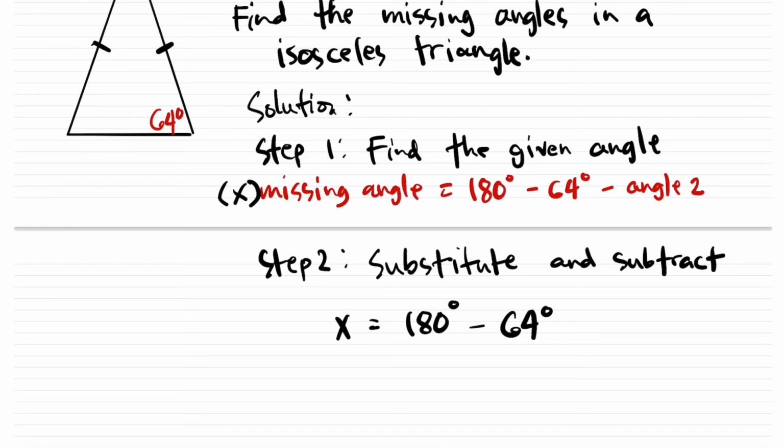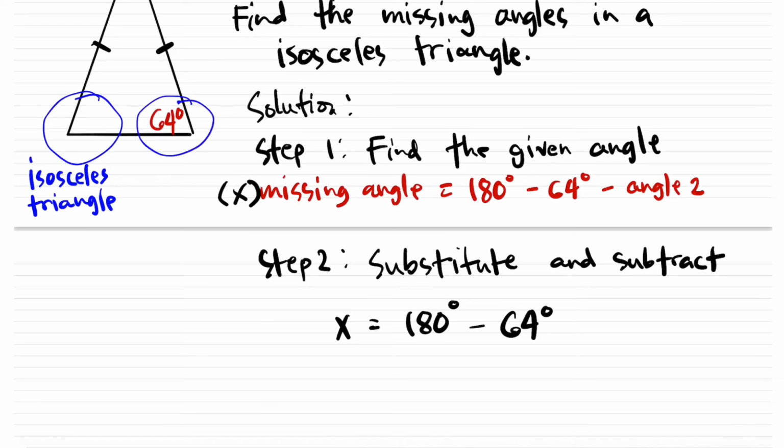Now this angle 2, alright, this angle 2 here. Now since this is an isosceles triangle, if this is 64, therefore this one here is also 64 degrees, so that would be minus 64 degrees.